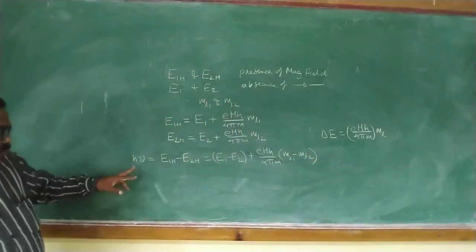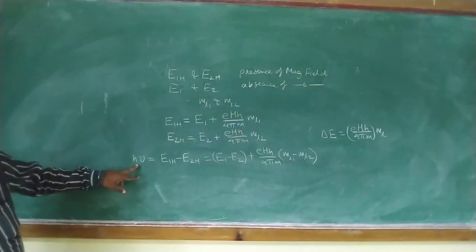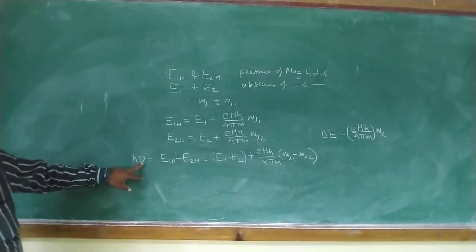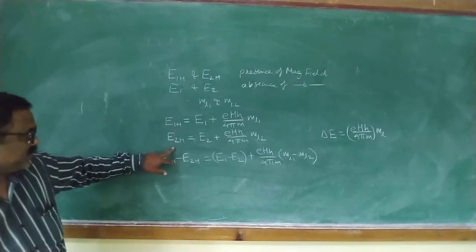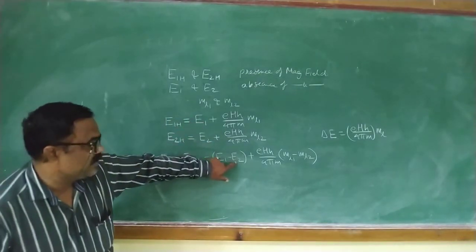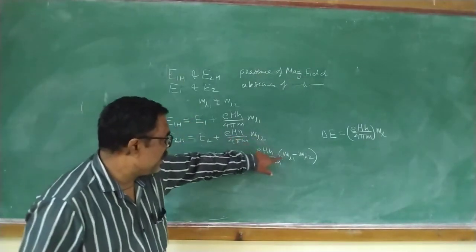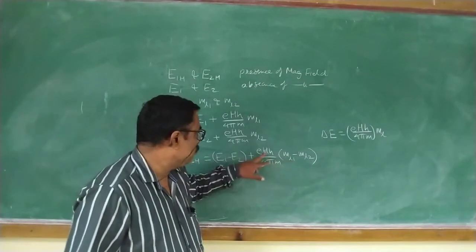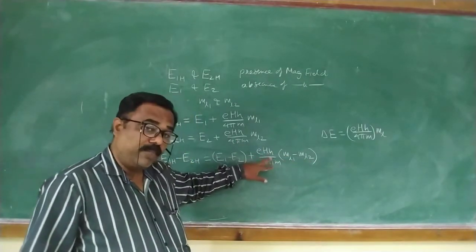Right? So the frequency of emitted radiation is h nu equal to the difference E1 minus E2 and ML1 minus ML2, with this factor being common.